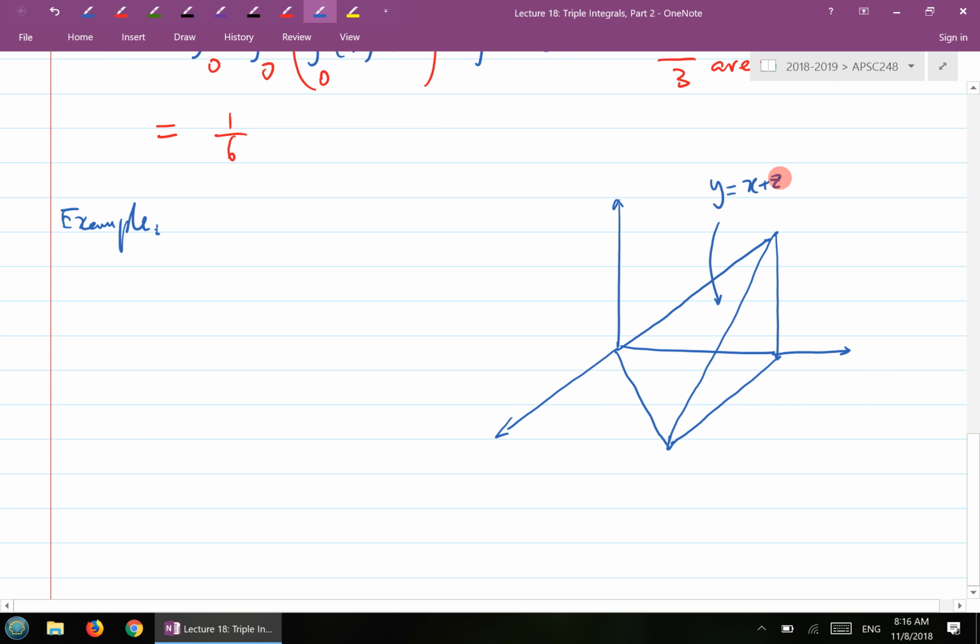This region D has 4 sides. So here's the region D. Pretty much another tetrahedron.